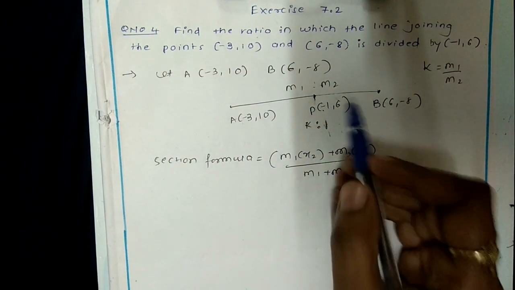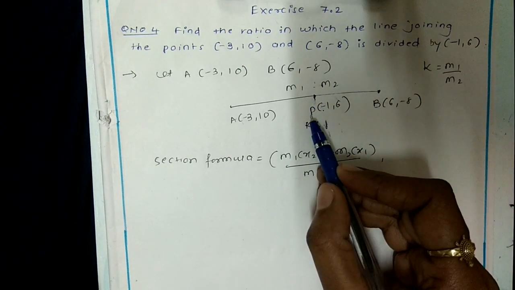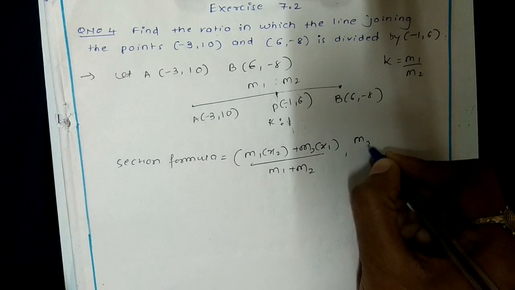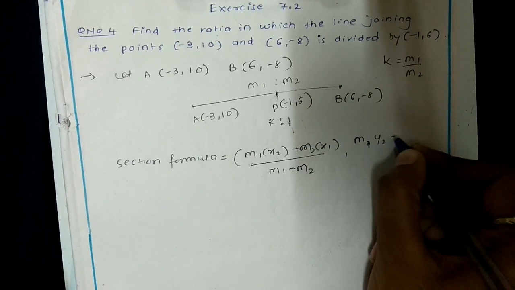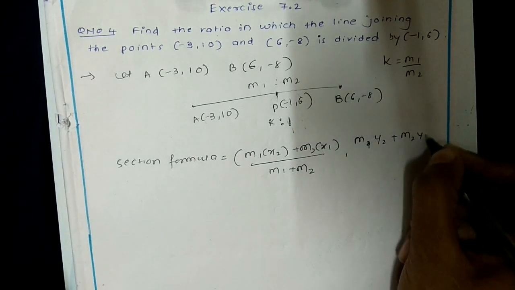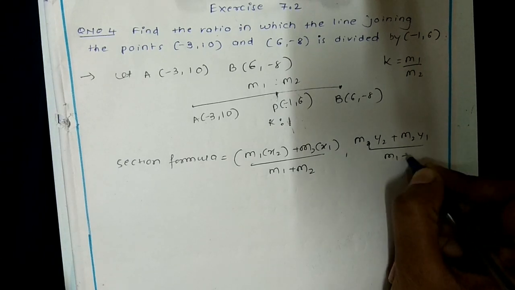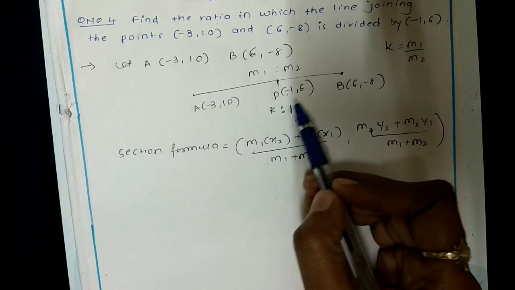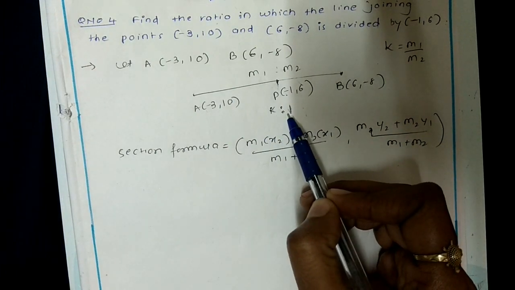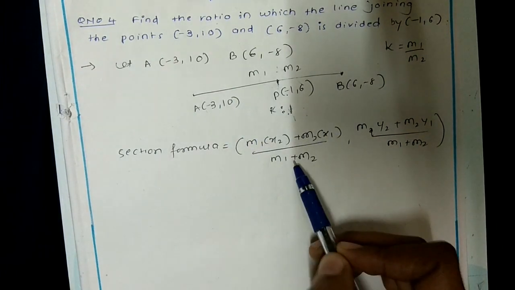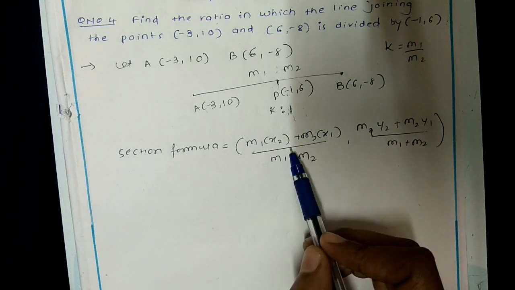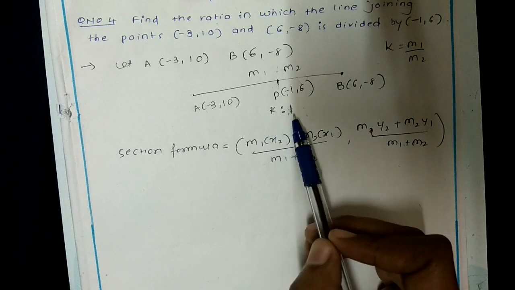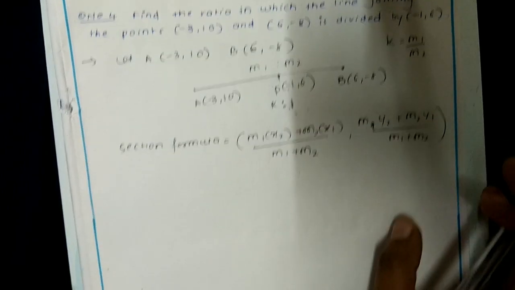This formula gives the x coordinate of the point of division P. And the y coordinate is m1 y2 plus m2 y1 divided by m1 plus m2. If we take the ratio as K is to 1, you can use either the x formula or the y formula to get the ratio K is to 1.